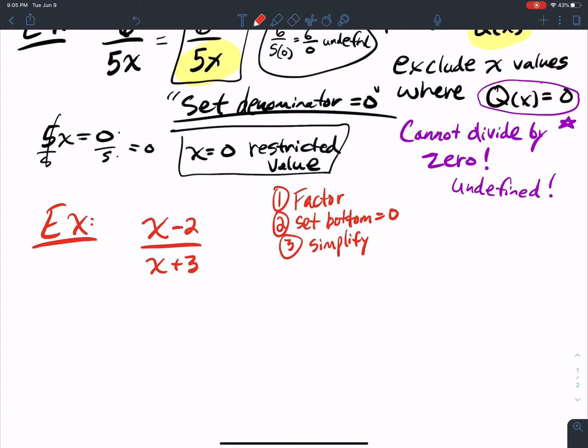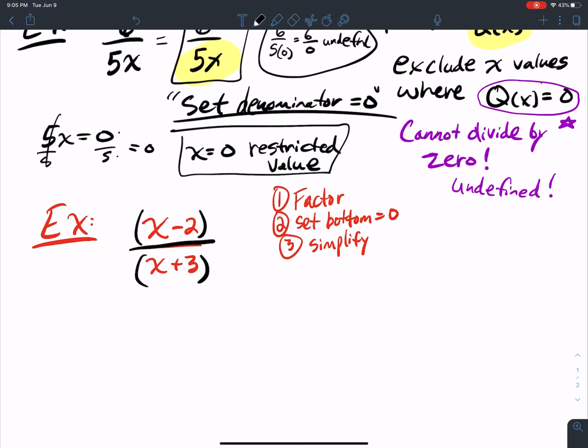Now, here, there's nothing we can do. I see some students that get all creative, and they'll say, oh, that x cancels that x, but that's a big old no-no. Those things do not cancel out at all. They are factors. x minus 2 is one factor. x plus 3 is one factor. So neither the top nor the bottom can cancel with anything.